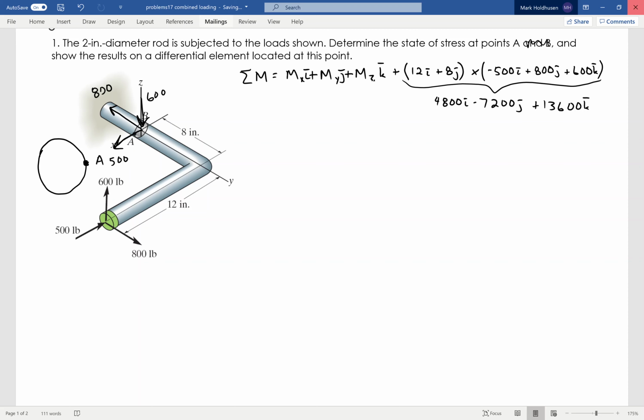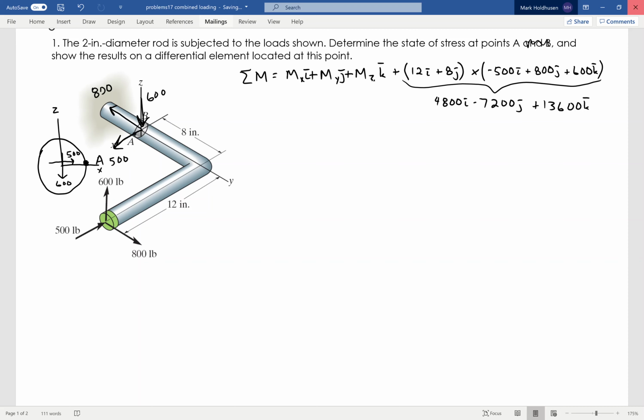Okay, my x-axis goes off in this direction. My z-axis goes straight up. Okay, so from this, again, my forces, I have a 600 shear straight down. Okay, and I have a 500 in the x direction, like so. Again, remember I'm looking at the back of this, as I look down.